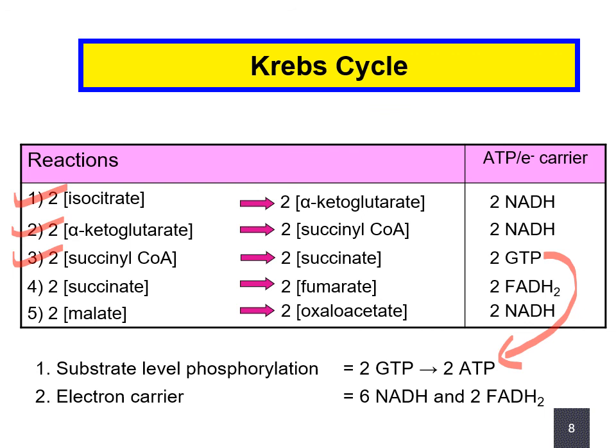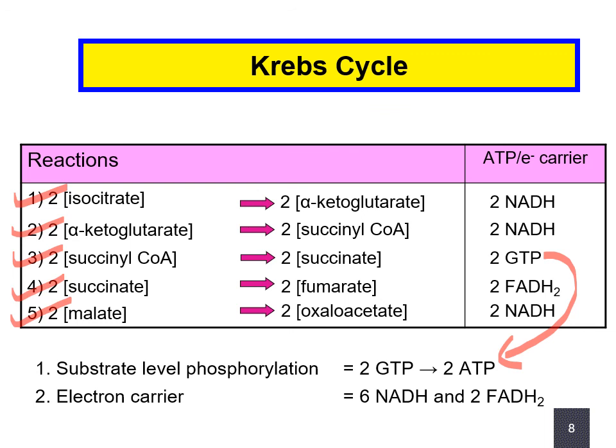And then FADH2 is produced during oxidation of succinate into fumarate. Dan 2 lagi NADH is produced during oxidation of malate into oxaloacetate, ataupun OAA.